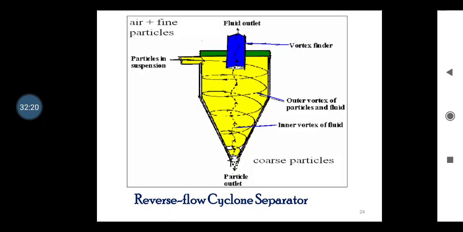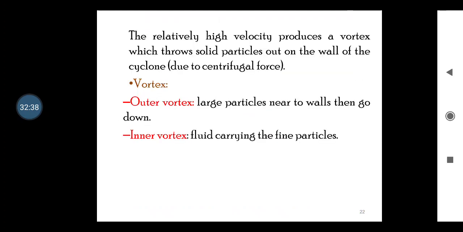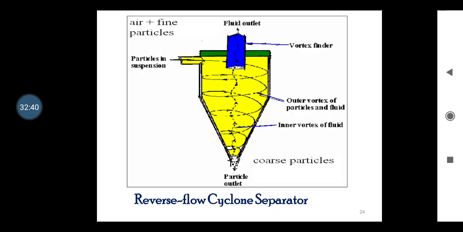When we talk about the construction and working, the mechanism is clearly depicted in the diagram, that is, the reverse flow cyclone separator. The wider cyclone and the narrower one are your outer vortex and inner vortex. The outer vortex is quite a bit bigger than the inner vortex.